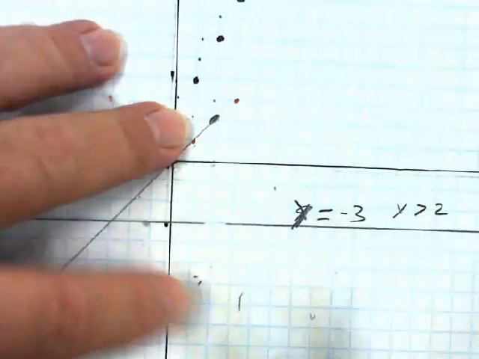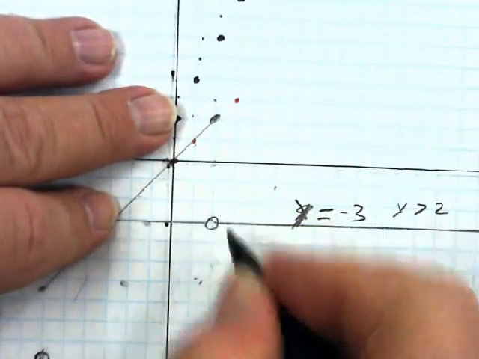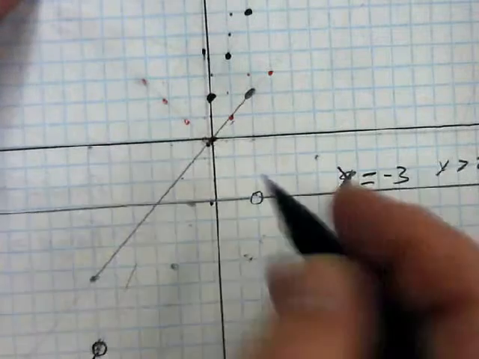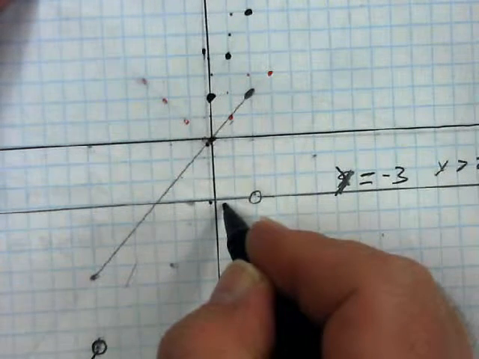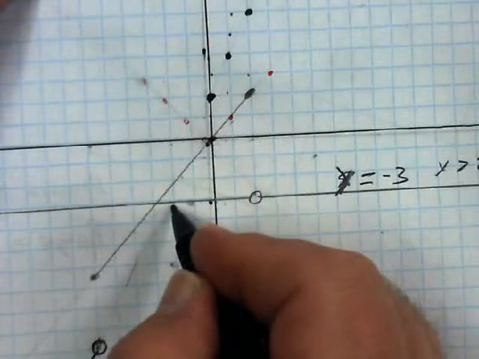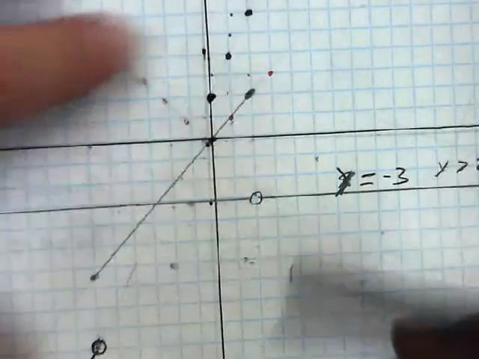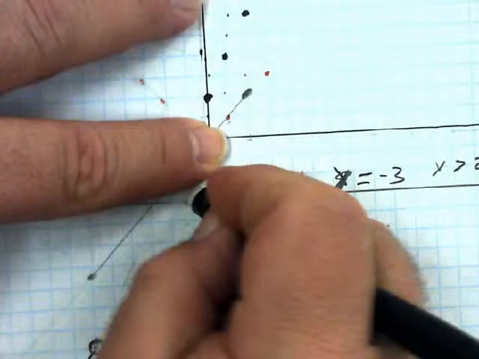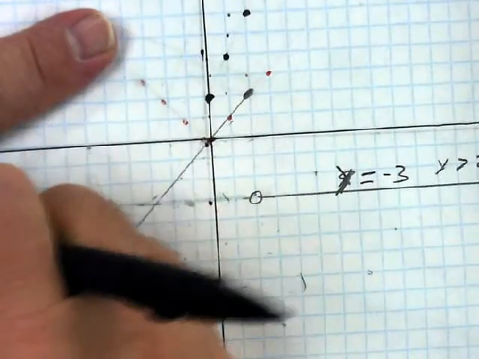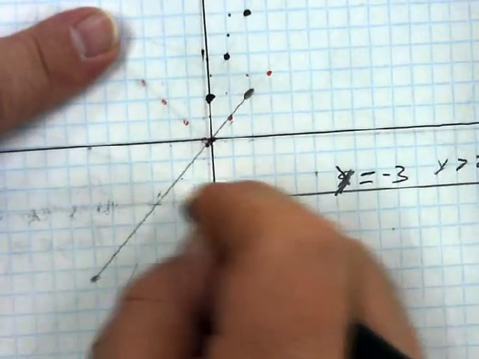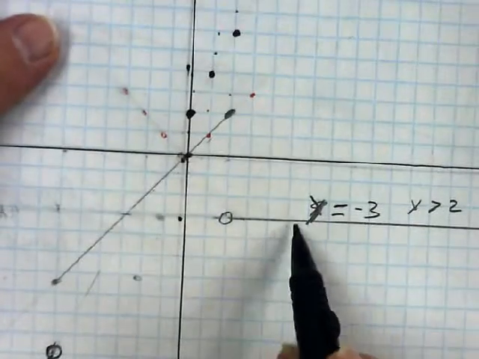At this point, is the x greater than 2? No. How about here? No. How about here? No. So all of this is gone. Is the x greater than 2 here? Here? Here? So do I leave this part?